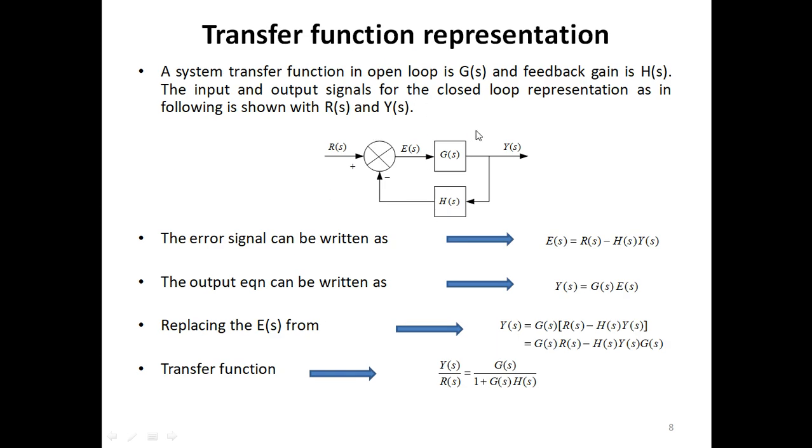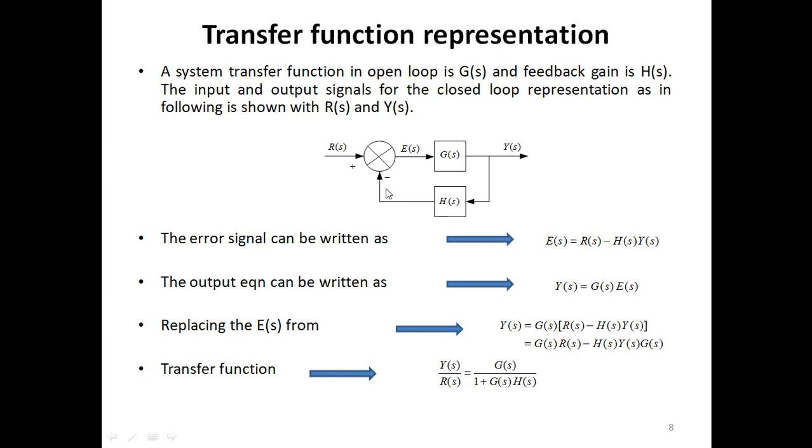If we are interested in representing the system by the transfer function when dealing with modern control theory, then consider a system with loop gain G(s) and feedback gain H(s). Here is the input signal, there is the output signal, this is the gain of the system, and this is the feedback gain.